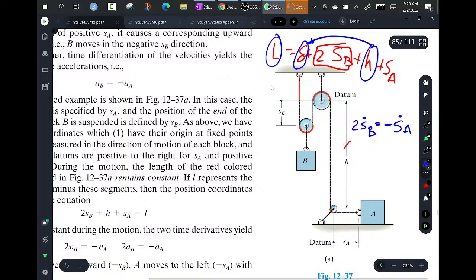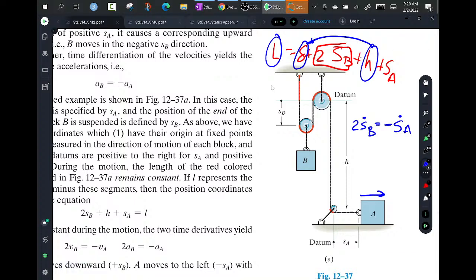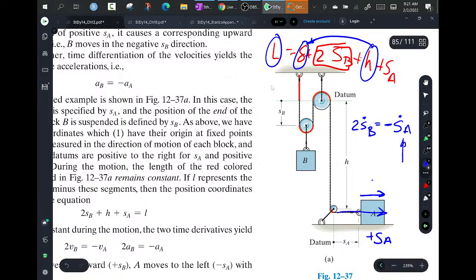If it makes sense, then okay, if this moves this way a foot, or we'll talk about the numbers in a minute when we do a problem or two. So if this moves to the right, which way would this move? If this moves to the right, then that makes it a plus. So let's just say that'll be a plus SA. I put in a plus SA here, and it becomes a minus. Well, if the rope goes this way, it's saying that this pulley will go up, and that makes sense.